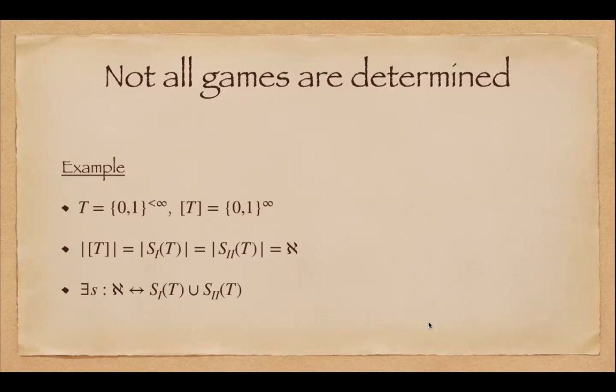The cardinality of the set of strategies is also the continuum, because a strategy is just a function from positions to moves, zeros and ones, and there are countably many positions in this game, so the cardinality is Aleph. Since the cardinality of the set of strategies is Aleph, the cardinality of the union of the sets of strategies for player 1 and 2 is also Aleph.